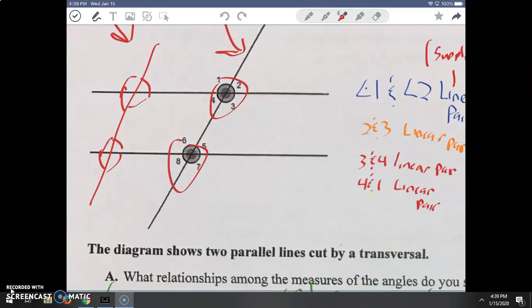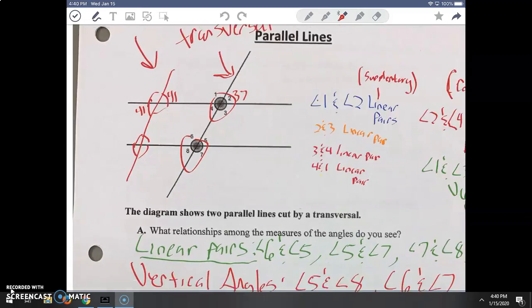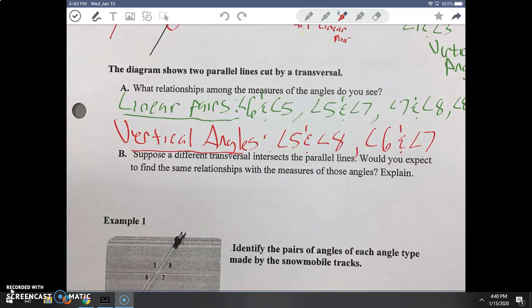For example, this could be 37, and this over here could be 41. Now they're not congruent, but the relationships will be the same. Our angular relationships, whether vertical angles or linear pairs, will still be the same. So would you expect to find the same relationships? Yes, you would. I'm going to pause this, write the explanation down, and then come back.